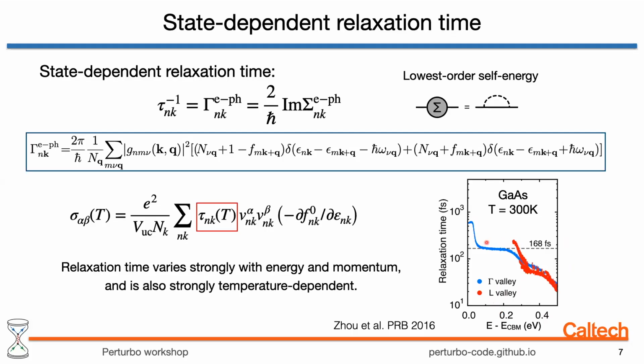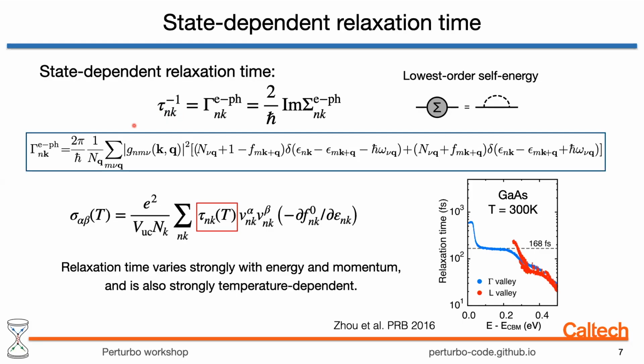As you can see, this very drastically changes the relaxation time. Therefore, having one constant relaxation time for all your possible states is not particularly accurate. So in Perturbo, we instead calculate a state-dependent relaxation time, namely this tau of nk.